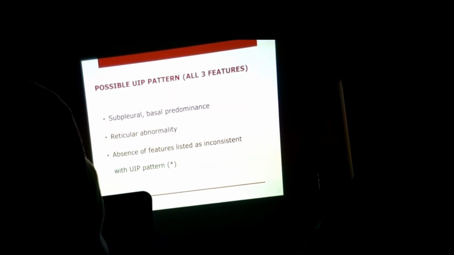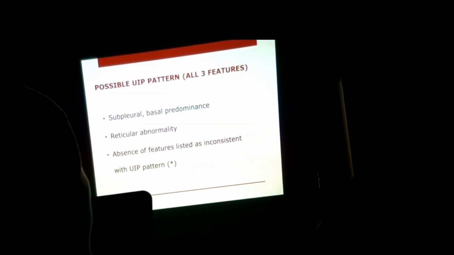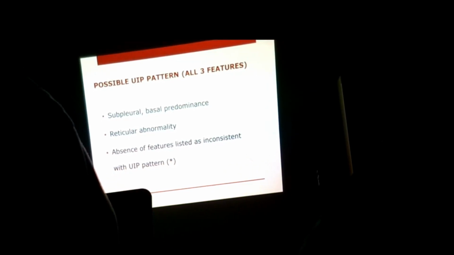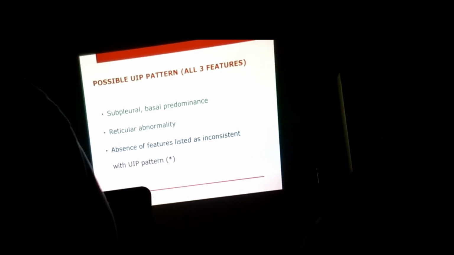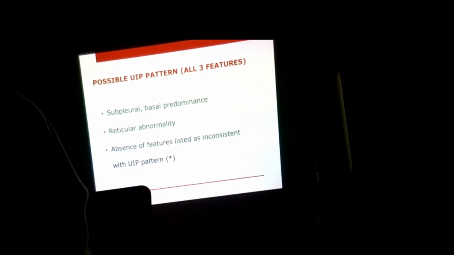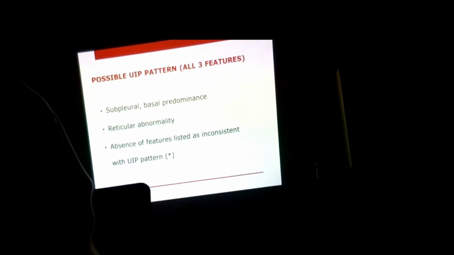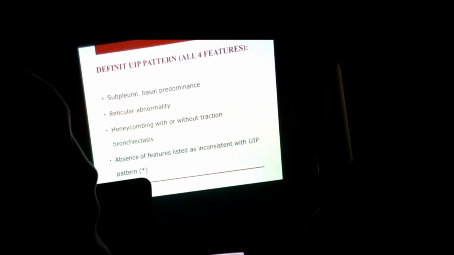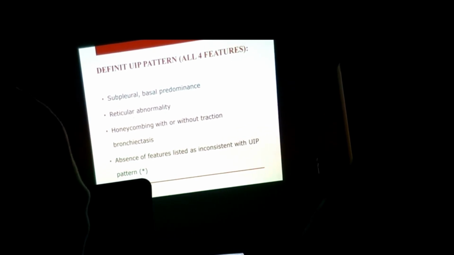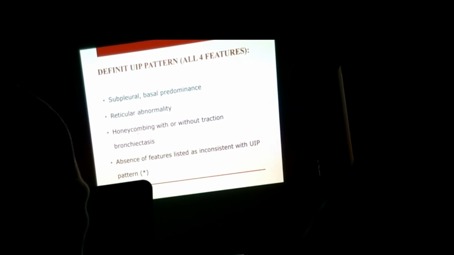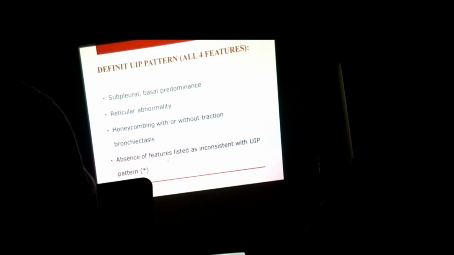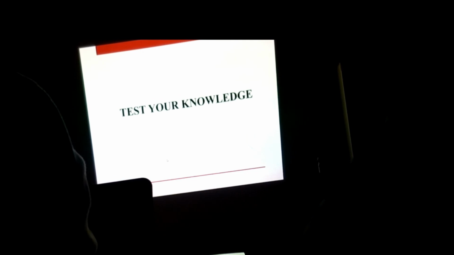Then the possible UIP pattern: there is subpleural involvement, basal predominance, reticular abnormalities, and absence of features which I have told you in the previous slide. If these are all present, this patient has a possible UIP pattern, and the definite UIP pattern is subpleural involvement, basal predominance, reticular abnormalities, honeycombing, with or without traction bronchiectasis, and absence of features inconsistent with UIP.